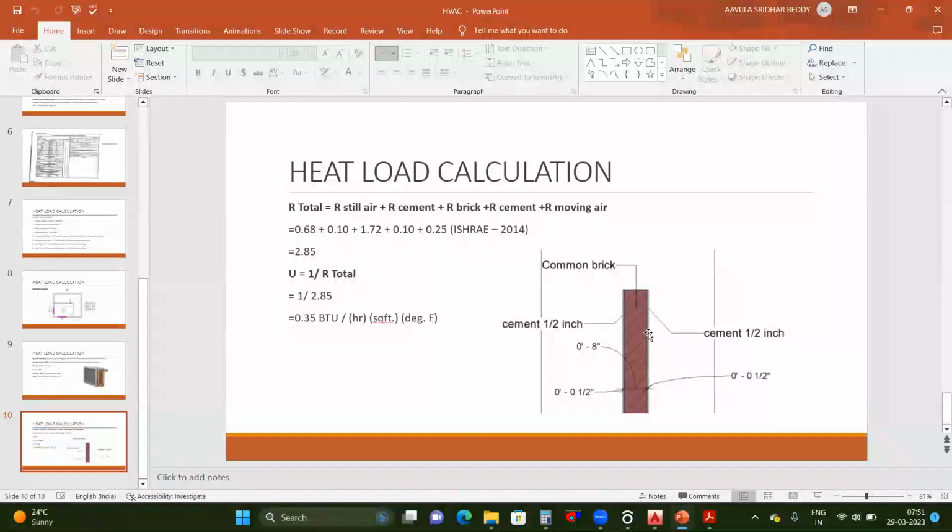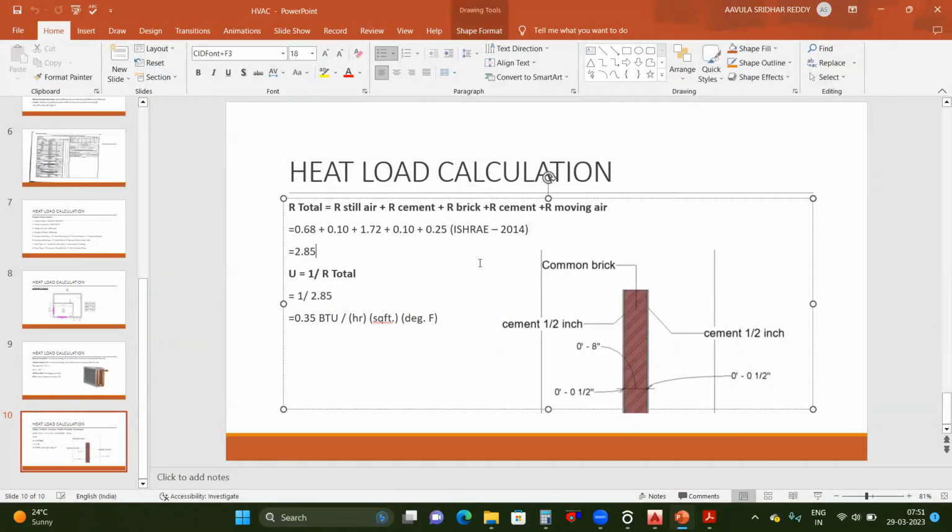Outside there will also be plastering, right? That plastering is 1/2 inch, and its resistivity is 0.10. And R brick, this is the common brick, that is 1.72 resistivity. And again inside we have cement, 1/2 inch, that is 0.10. And inside we also have moving air in the room, and that value is 0.25.